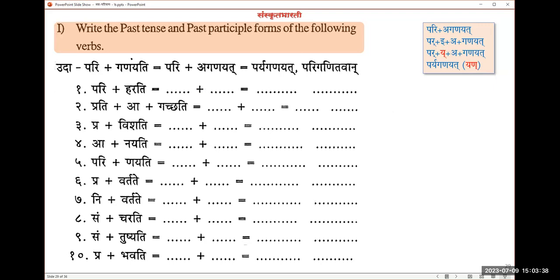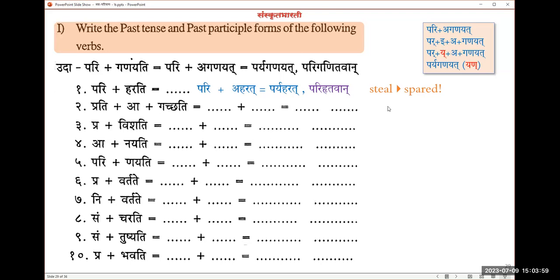Parihritavan. Harati goes to hritavan, hritaha, hrita, hritam: ktavatu and ktanta forms. So parihritavan it will become, or parihritaha, parihrita, parihritam in karmani ktanta.